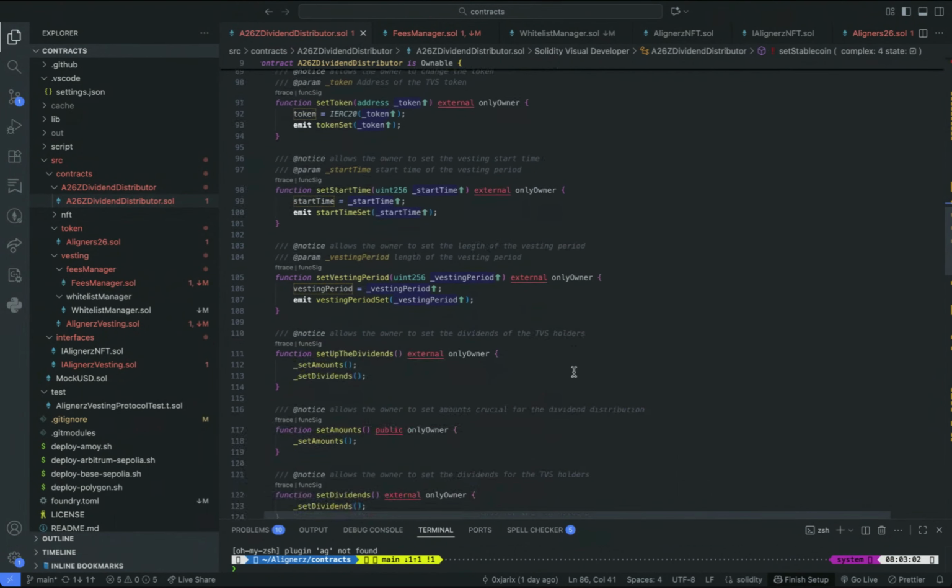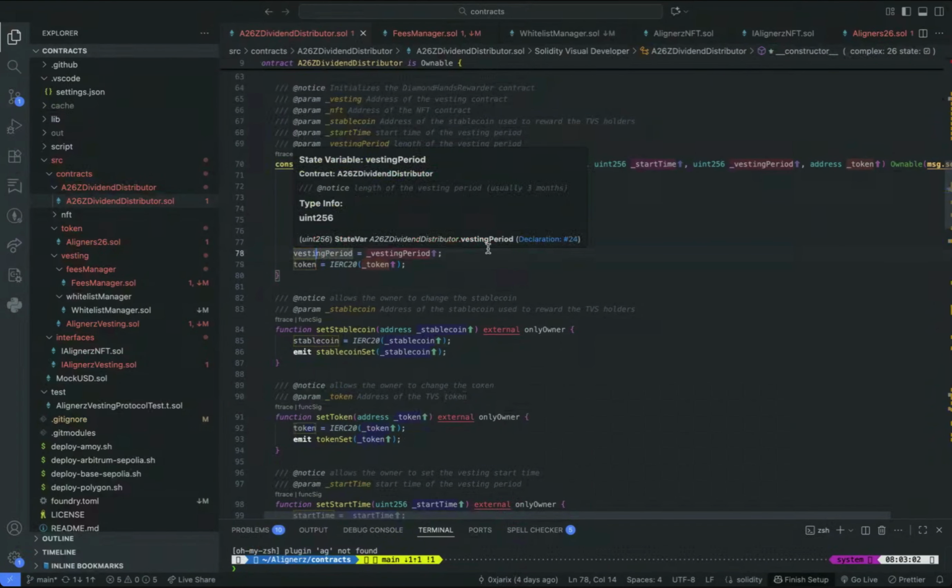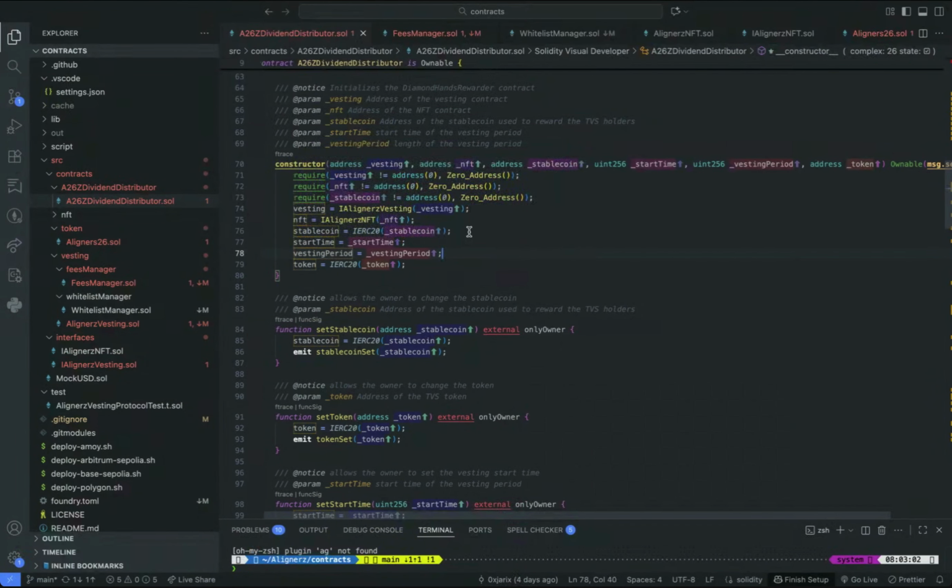And he will indicate that the token will be Alignerz. The vesting period will be 3 months because the dividend distribution will be made every 3 months. And the start time, you will input it, but it's usually right away, but you will decide.